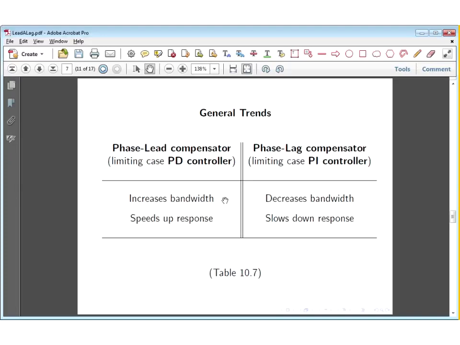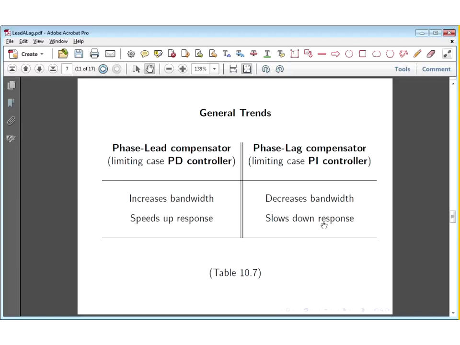Now that is really the same. So even though I've listed it here as two properties, it's really actually the same property. Increasing the bandwidth really means that you speed up the response of the system. And decreasing the bandwidth means that you slow down the response of the system. Now, you may perhaps immediately ask, well, why would I like to slow down the response?